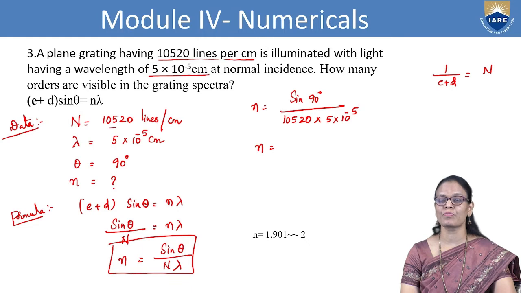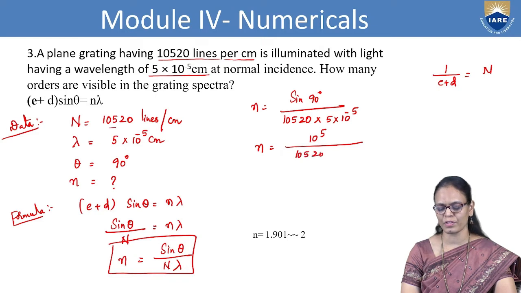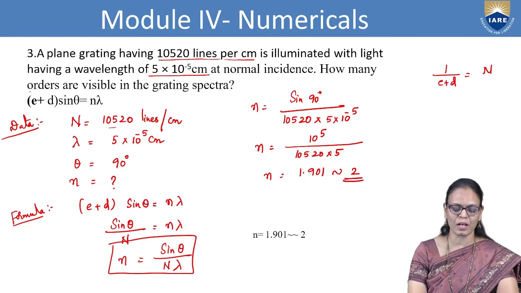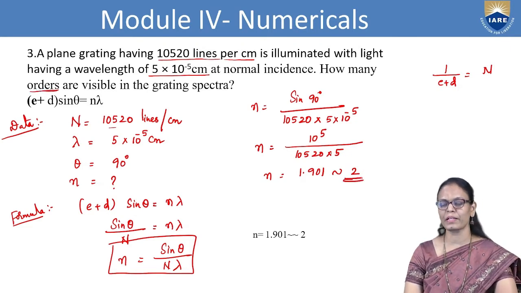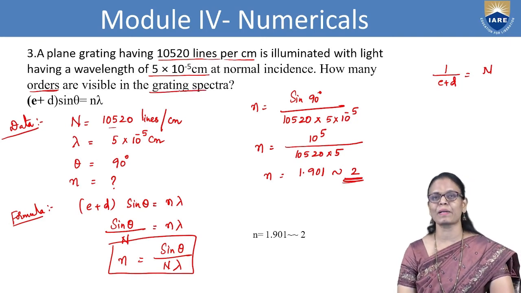I'll take 10 power 5 to the numerator, so it will be 10 power 5 divided by 10520 into 5. So we get the value of n to be 1.901, which is approximately equal to 2. So how many orders are visible means approximately 2 orders are visible in the grating spectrum.